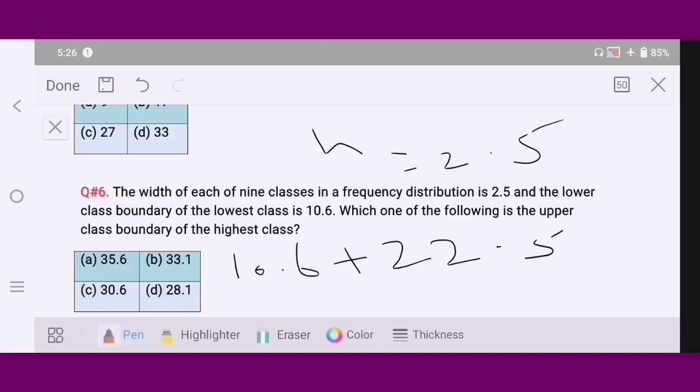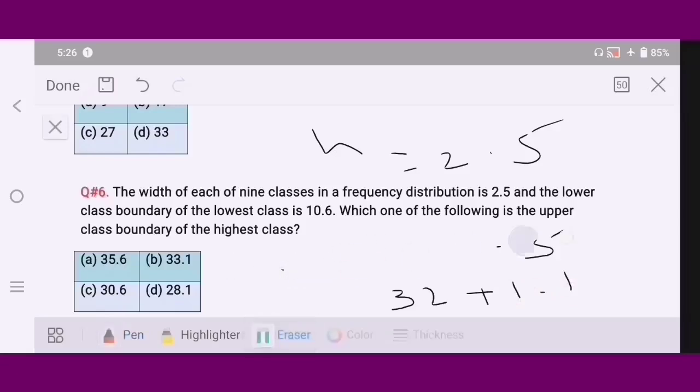So when we add this, 10 plus 22 gives 32, plus 0.6 and 0.5 gives 1.1. So this gives 33.1.